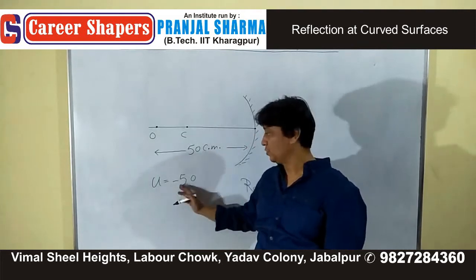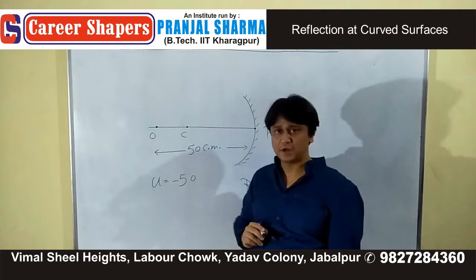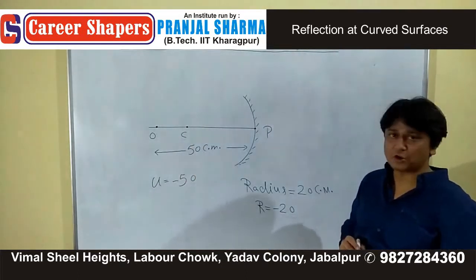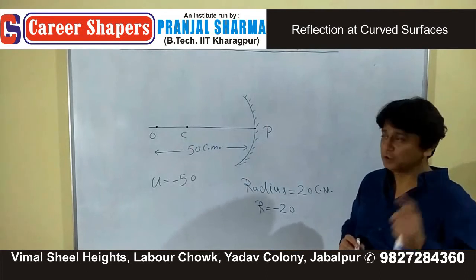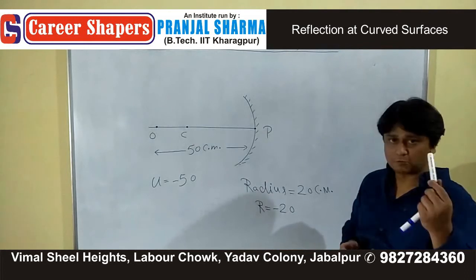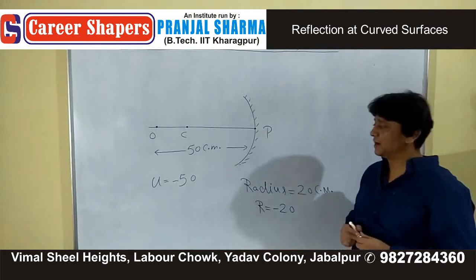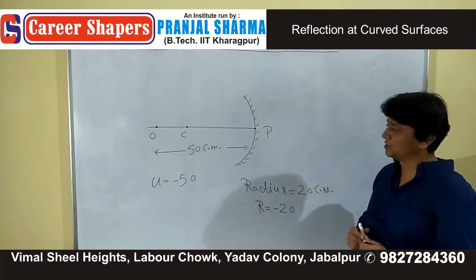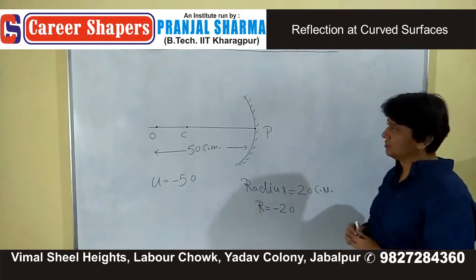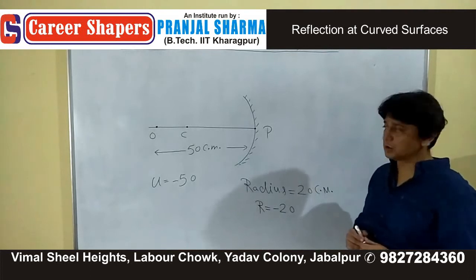Minus of 50, with proper sign, on the left side. And the question says find out the position of the image and also find out whether the image is real or virtual. Write down the question. Find out the position of the image and also find out whether it's real or virtual.